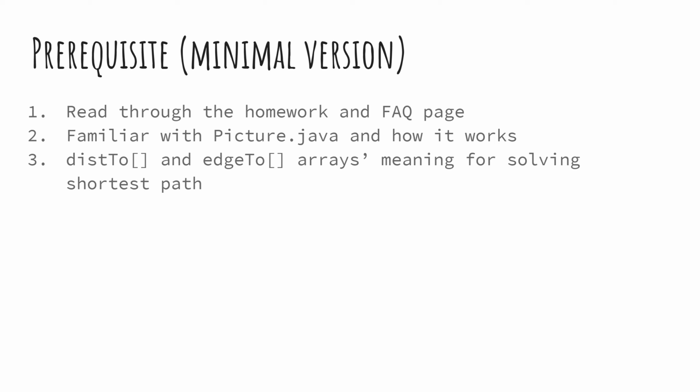To implement the shortest path algorithm, we need distTo and edgeTo. If you watch the videos, you should be good to go. Basically, distTo tells you the distance between the source point and the other points, and edgeTo is just the last edge to this point. Okay, let's move on.